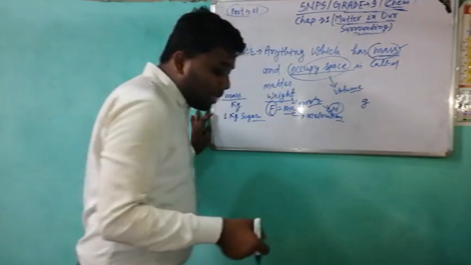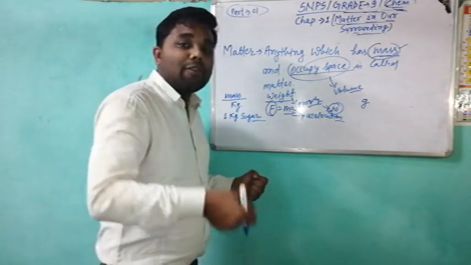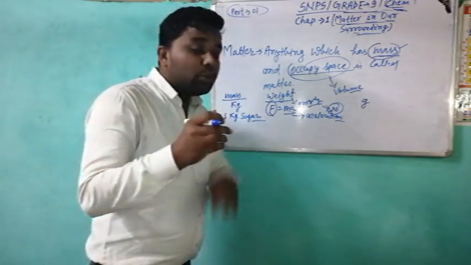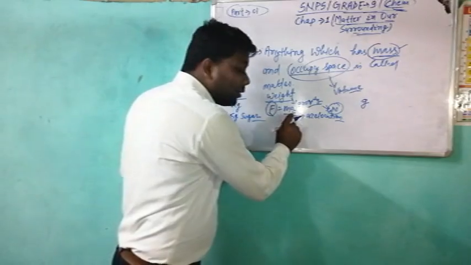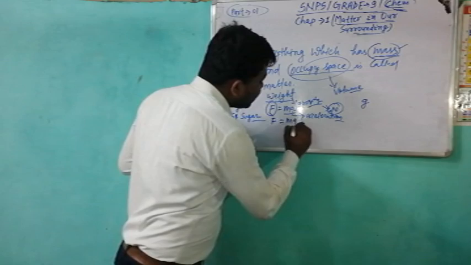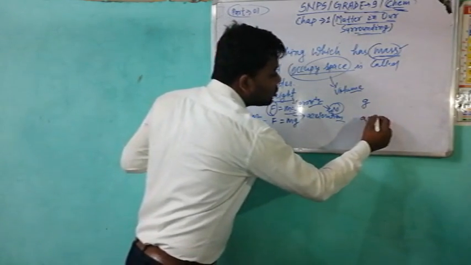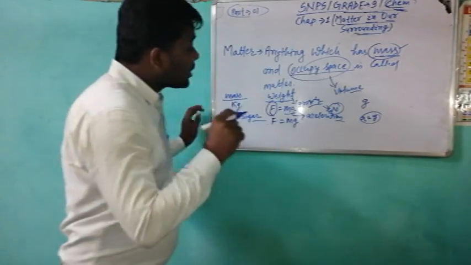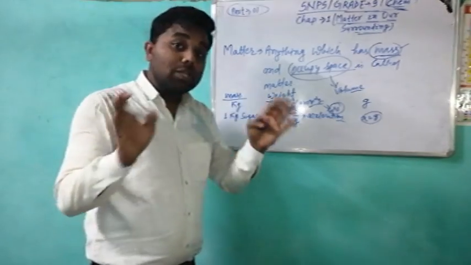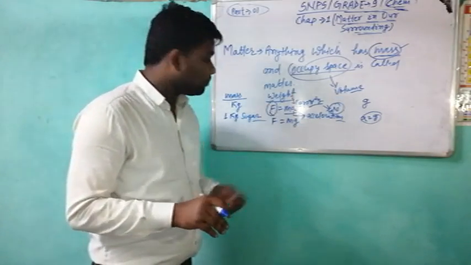When we put something in our hand, we feel its weight. So acceleration due to gravity is used instead of a, that is, F is equal to m into g. Here, acceleration due to gravity and acceleration are the same, not in all conditions, but in this one because we are talking about weight.